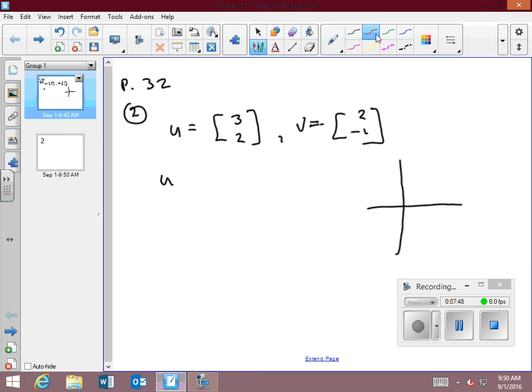So x is 3, y is 2 is going to be some kind of a point out here, right? And then x is 2, y is minus 1 is some point down here. And then we run vectors out. And then if you multiply a number times that vector, you would go someplace.